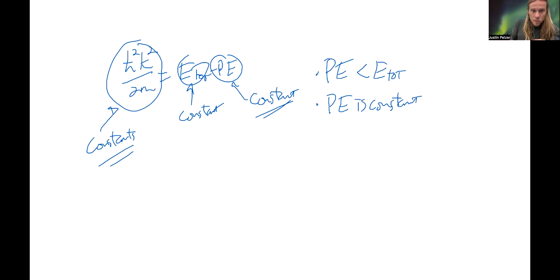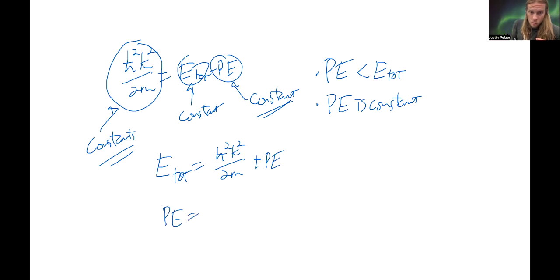All right. So specifically, how we could say it is E total equals h bar squared k squared over 2m, sorry, plus potential energy. This is just rewriting the equation again. Or we can say potential energy is E total minus h bar squared k squared over 2m.